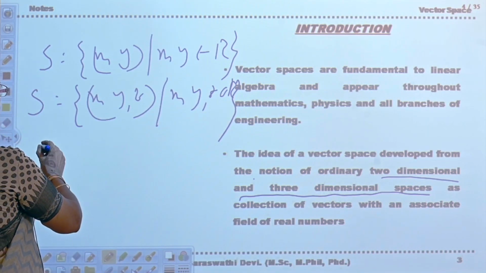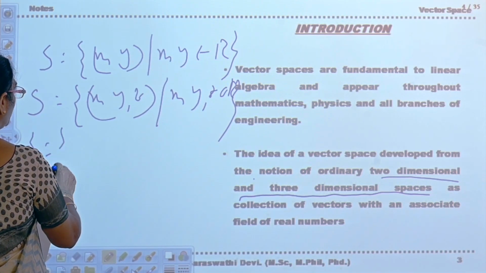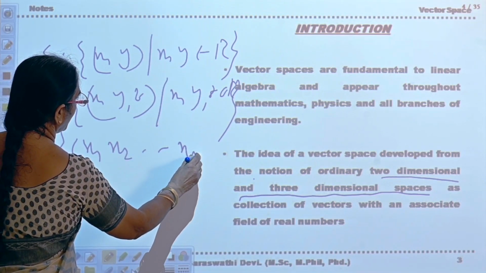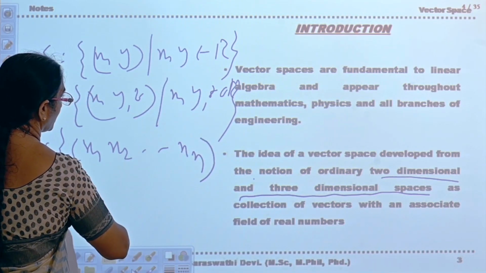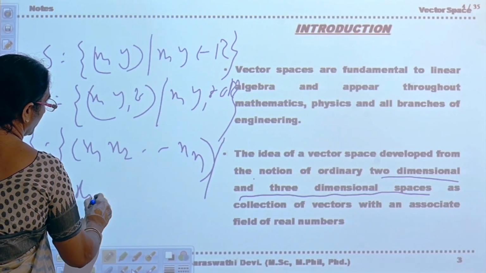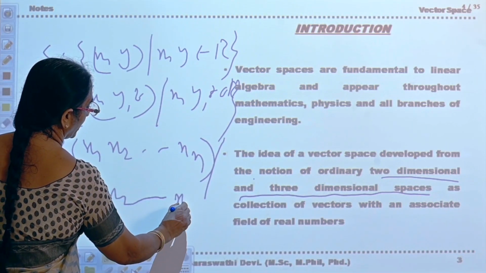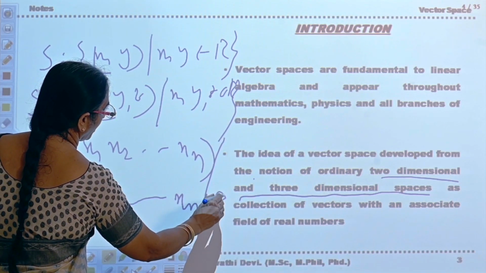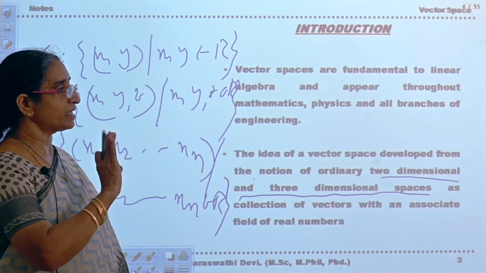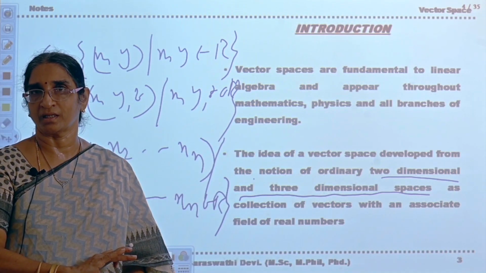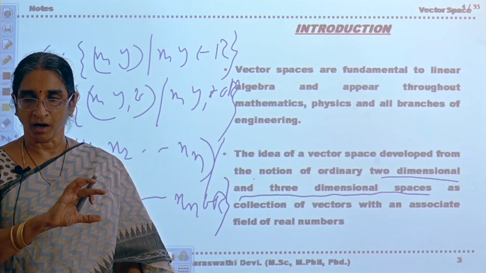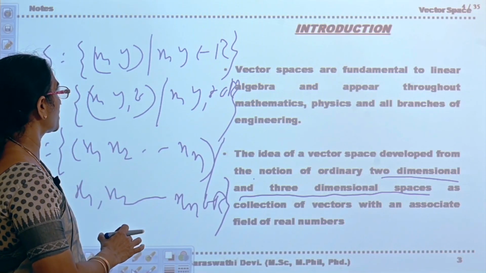And if you take S equal to (x1, x2, x3, and so on up to xn), where x1, x2, x3, and so on up to xn belong to R, it is the set of all ordered n-tuples. Now these sets will be vector spaces if they satisfy some properties. We will see when they will be vector spaces after defining the vector space.